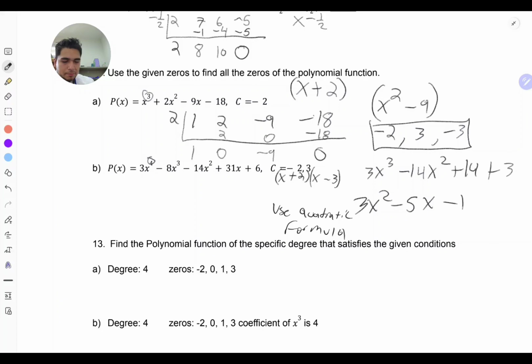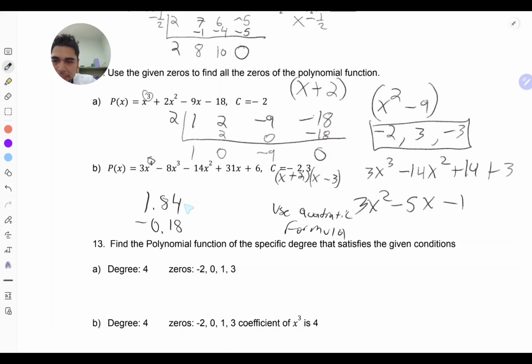One of the zeros is going to be 1.84, okay? And the other zero is going to be negative 0.18.